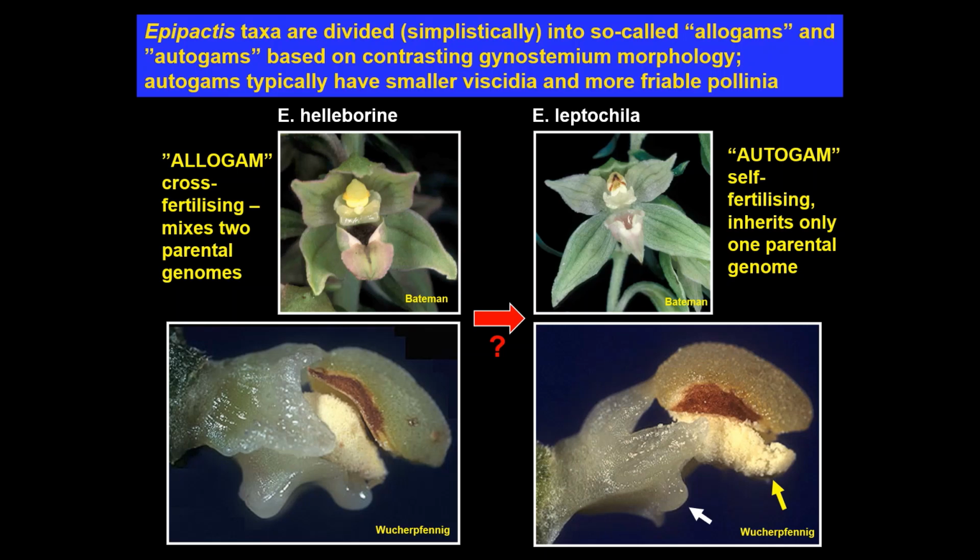And you'll also see that the viscidium, that glob of sticky glue that is intended to attach the pollen masses to a visiting insect, typically a wasp, is much more reduced in the right-hand diagram, shown by a white arrow. So there do appear to be subtle morphological differences between the autogams on the right and the allogams on the left. And you can see how it might be possible for those friable pollen grains to fall onto the stigma of the same flower.